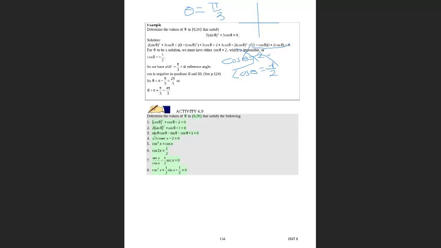It's negative, so it will be in the second and third quadrants. In the second quadrant, you're going to get pi minus pi over 3, which is 2 pi over 3.